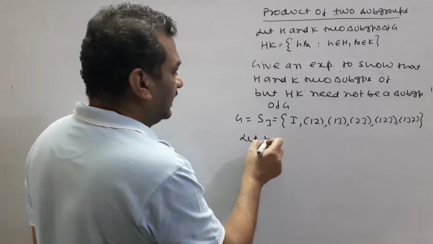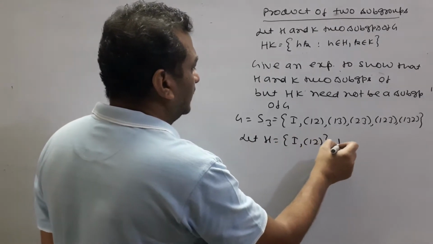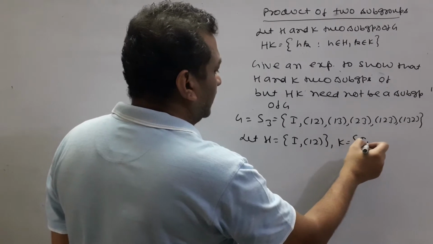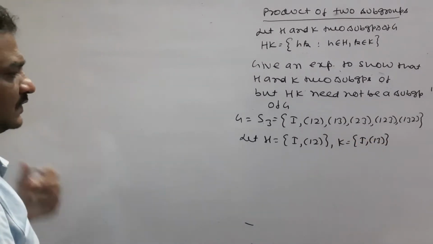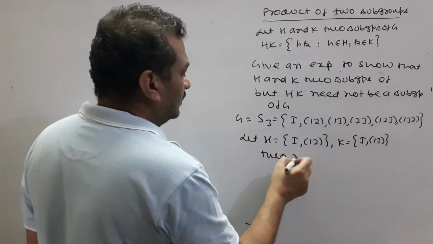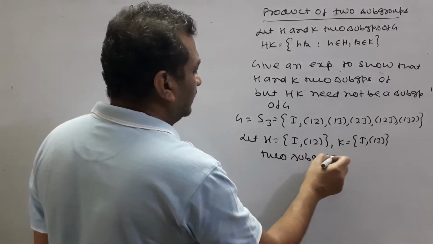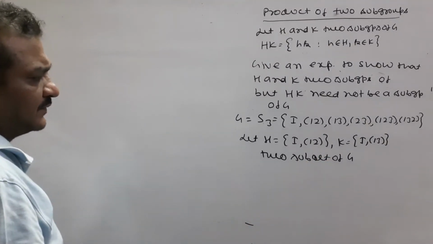Let H = {I, (1 2)} and K = {I, (1 3)}. Okay beta, H and K are two subsets of G.